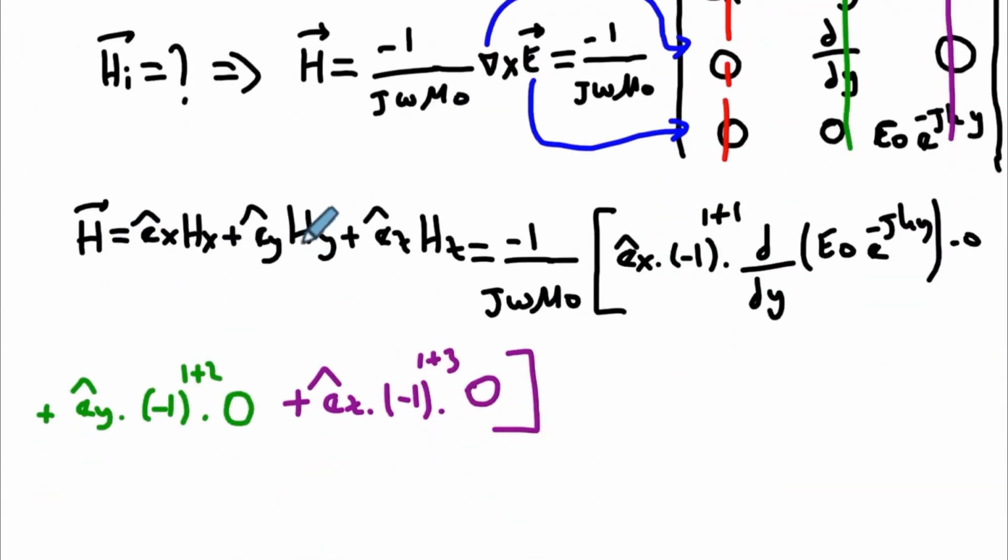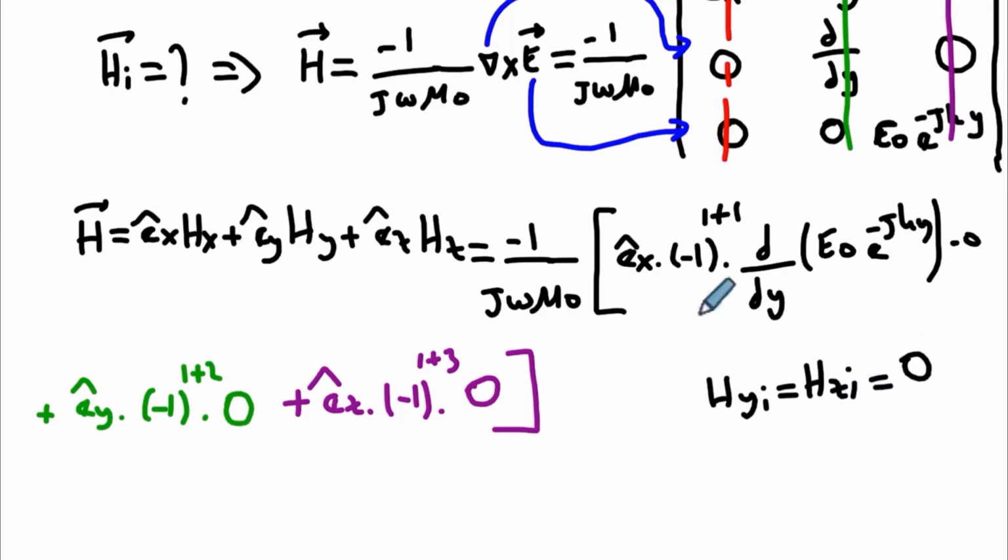And I pay attention: in this region, the terms with Hy, with Ey coefficient, and Hz, with Ez coefficient, come out as 0. Let's write it this way then. Hy incident, that is, incoming, equals 0. Hz incident also equals 0.